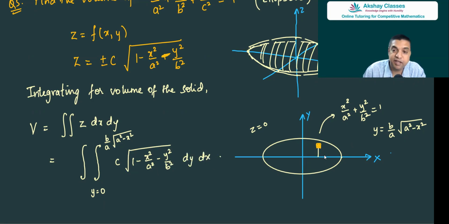Now x will vary from minus a to a, but y varies from here to here because I am not doing a solid of revolution. If I do a solid of revolution, I have to do 2 pi r. I'm not doing the solid of revolution. So in that case, wait a second, then I will do this.